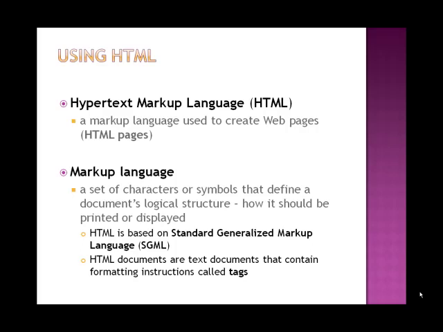Like SGML, the HTML documents were also essentially text documents, and the formatting instructions were contained within markups that are called tags. And I will talk about HTML syntax and HTML tags in a few moments.